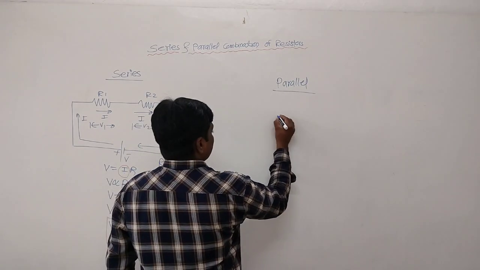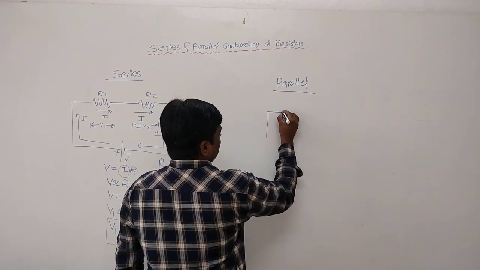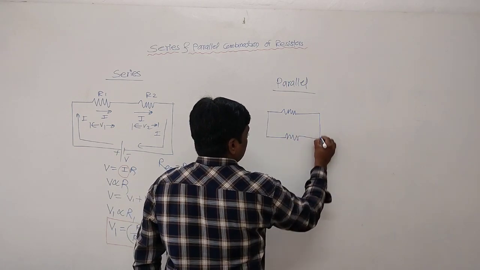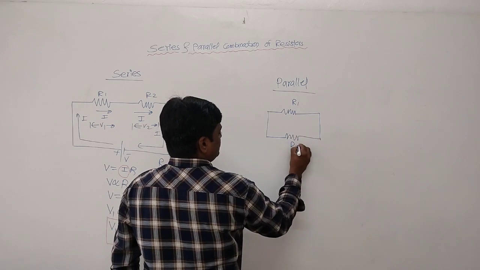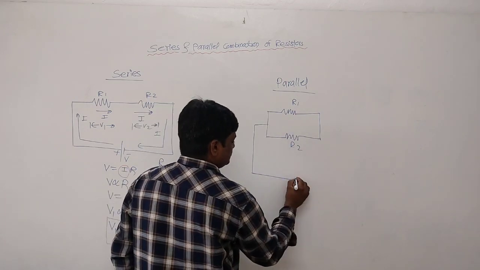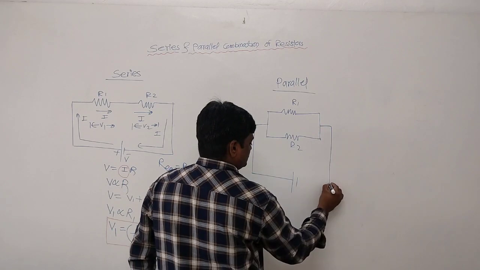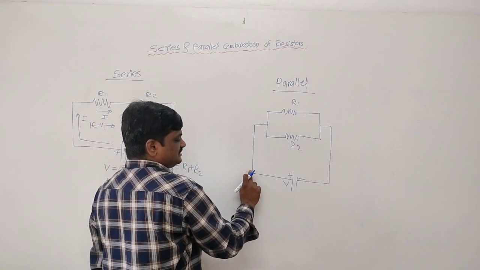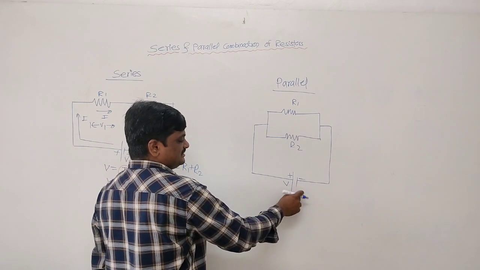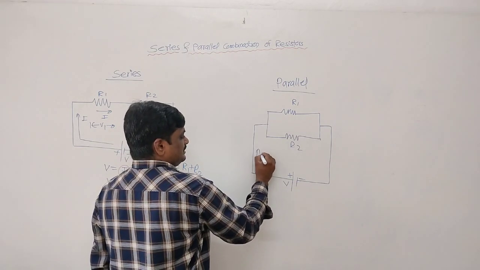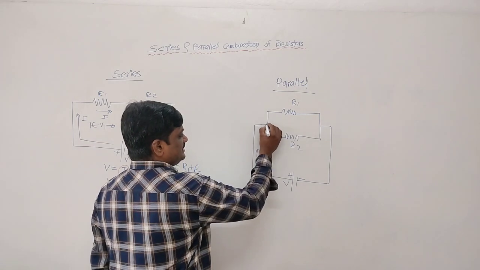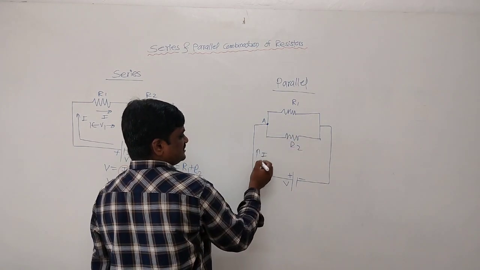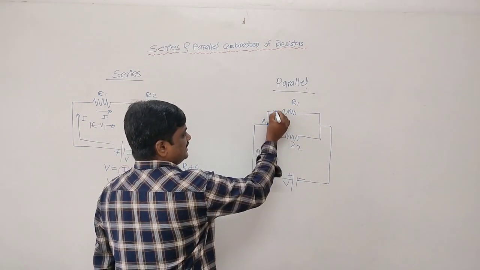Say you are having two resistors in parallel, R1 in parallel with R2, right? So this is R1, this is R2, and the total voltage applied across them is say V. Then the current, say I, starting from the positive terminal, when it reaches node A at the junction of these two resistors, will be divided into two parts.